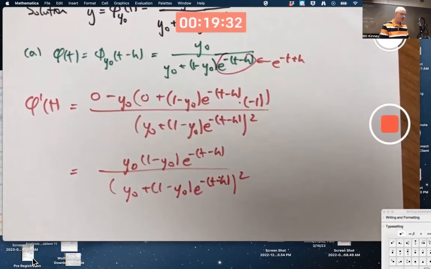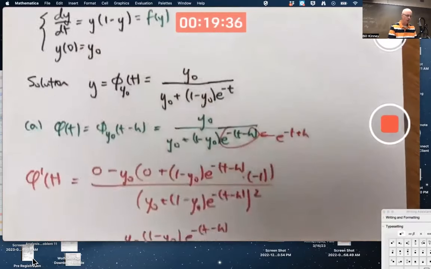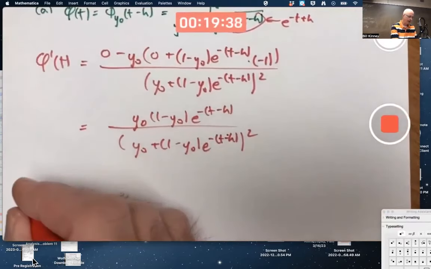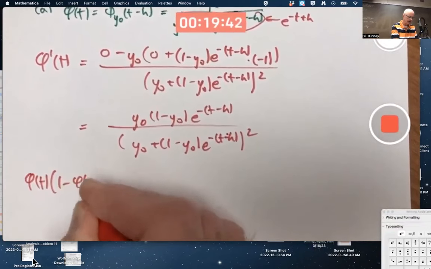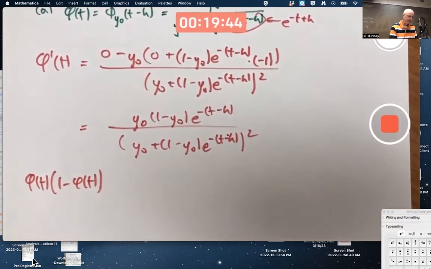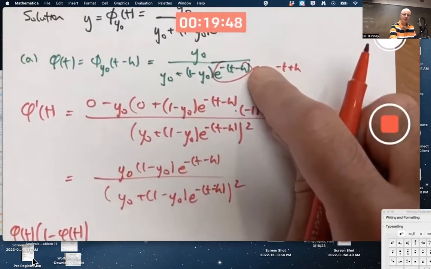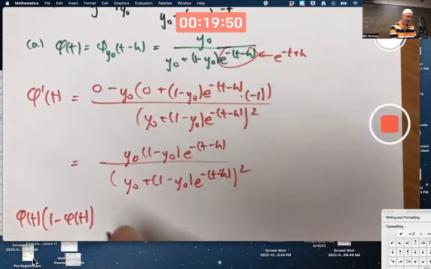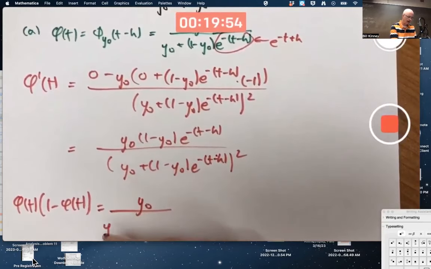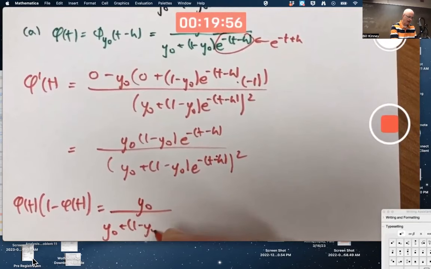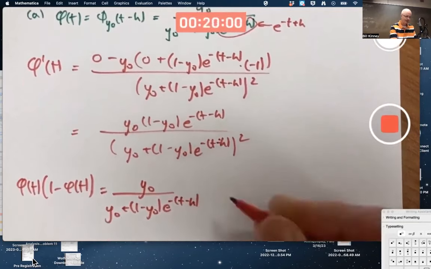Now the right-hand side of the differential equation is y times, in parentheses, 1 minus y. Replace y with the function, and then replace the function with its formula, this thing, and simplify. Y naught over y naught plus 1 minus y naught e to the negative t minus h. That's the function.